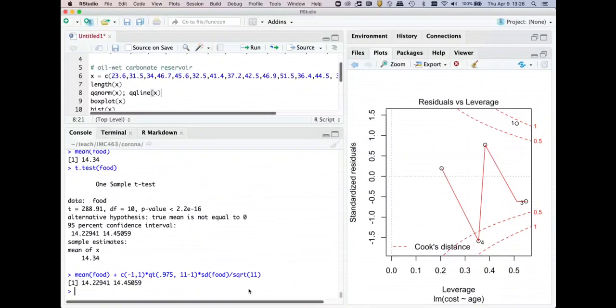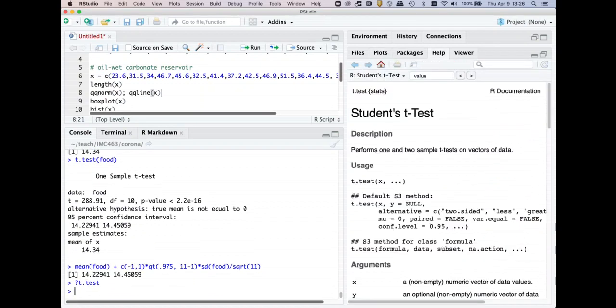Now, another way to do this would be to go back to t-test, and you can specify a reference value here. If you don't remember what the exact option is, go to a question mark t-test, and you will see that you can specify it as the parameter mu. So let's go do that. I'm going to bring back my t-test command and say mu equals 14.5.